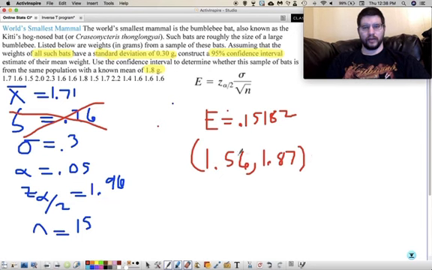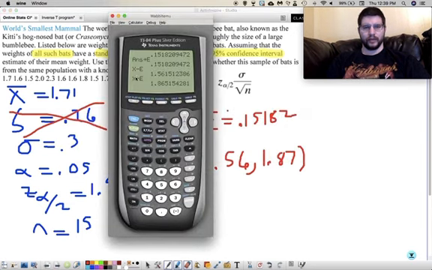And there's our confidence interval. Let me redo it on here so we can compare the results. That should be the same. Oh, there we go. 1.56, 1.87. Boom, same, done.